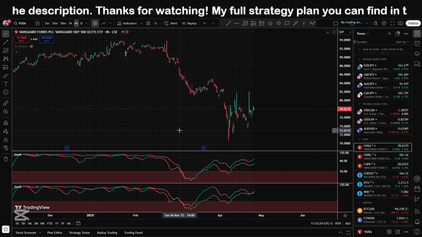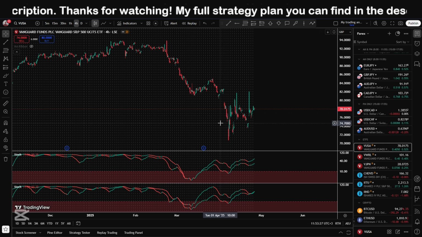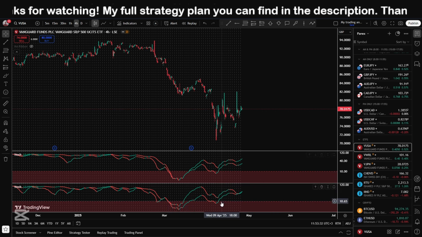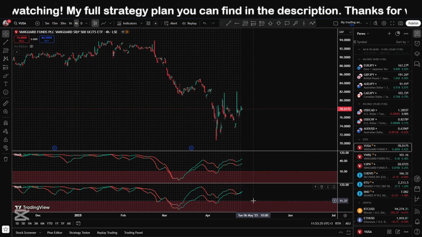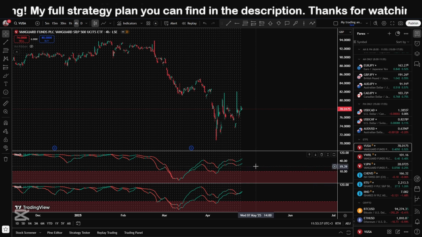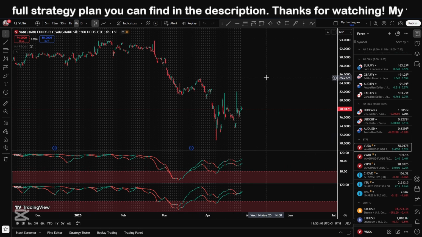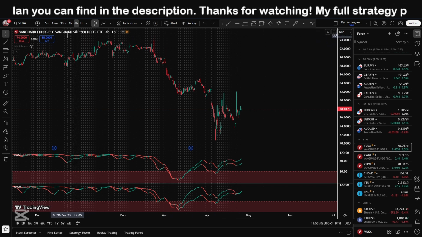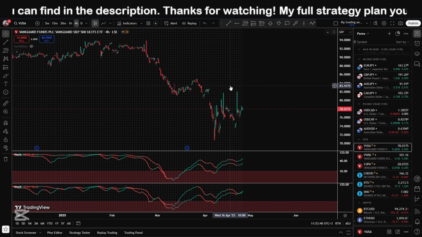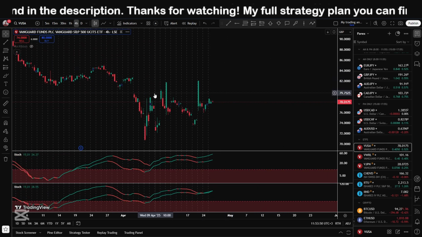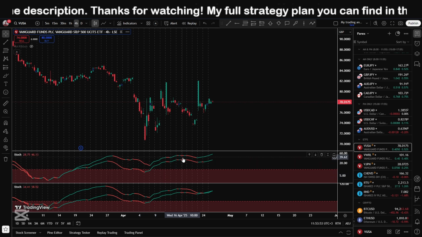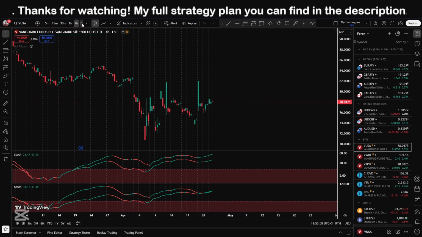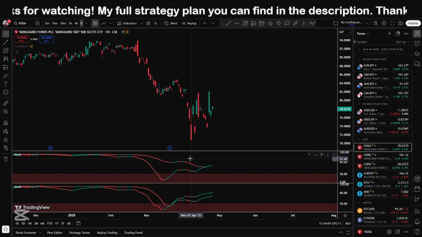You can see I am waiting for price to reach and break this oversold zone from 10 on the 4-hour and on the daily time frames. So for S&P 500 last week, you can see that the price was above these oversold zones on the 4-hour and on the daily too.